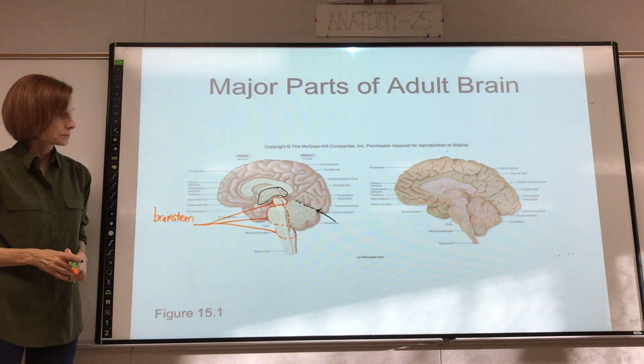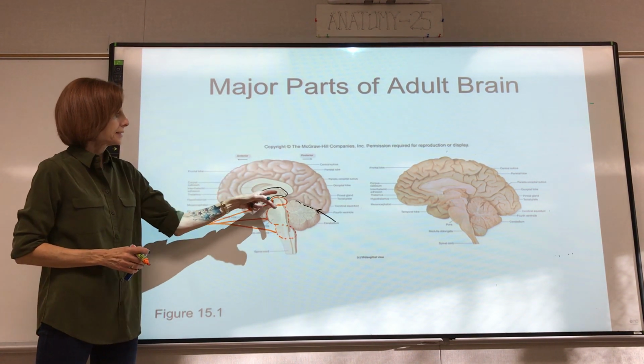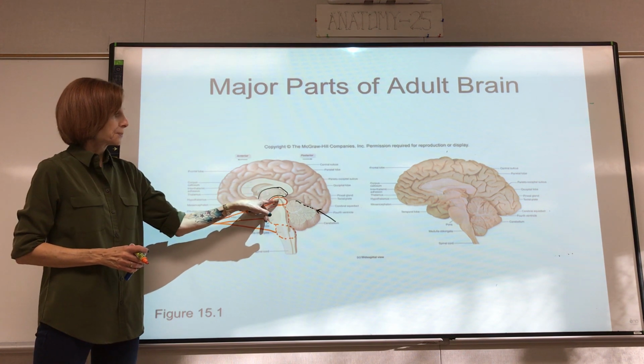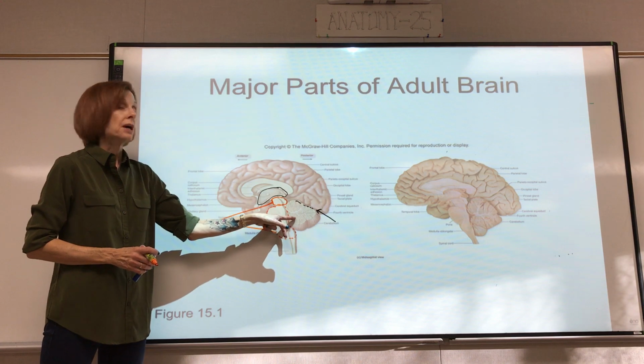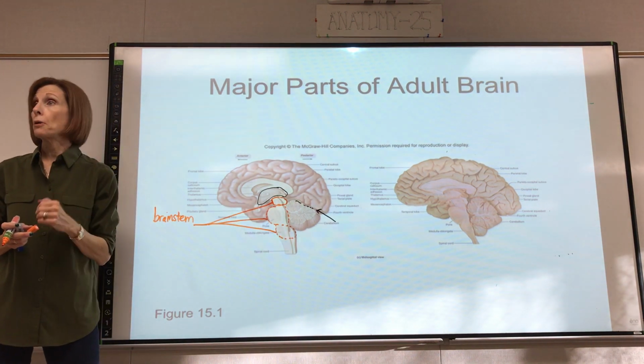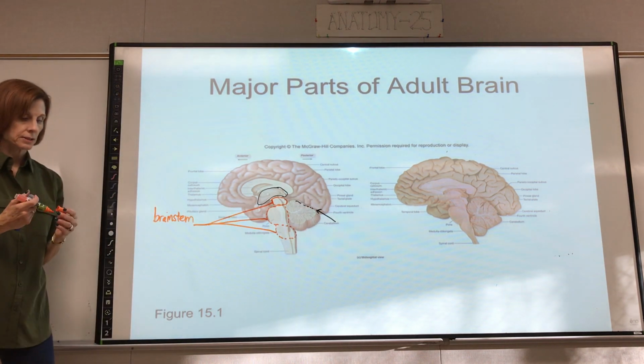So we have cerebrum, diencephalon, midbrain, pons, medulla, and then the cerebellum. Notice that the cerebellum is not part of the brainstem, it's posterior to the brainstem.